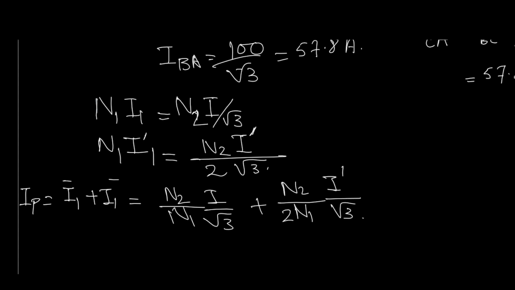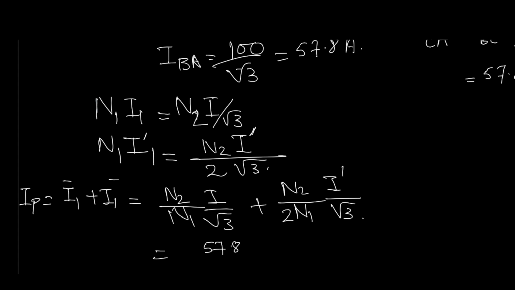However, one thing is good among them: for the first case, they are in phase. So if they are in phase, both of the currents are at unity power factor, so that would be something like 57.8 times N2 by N1.